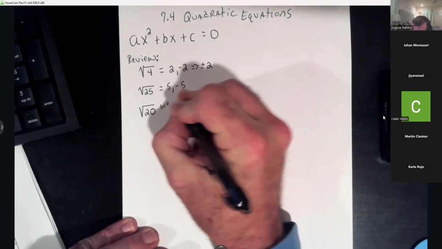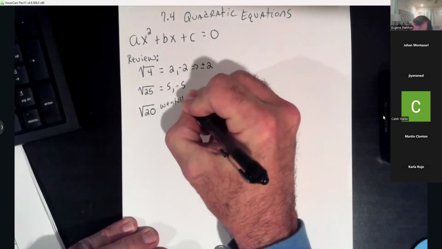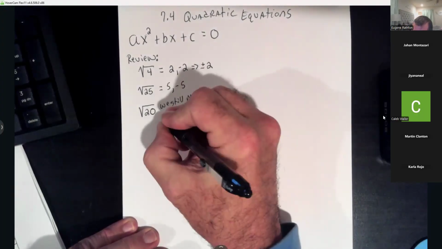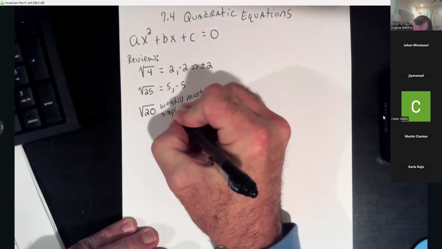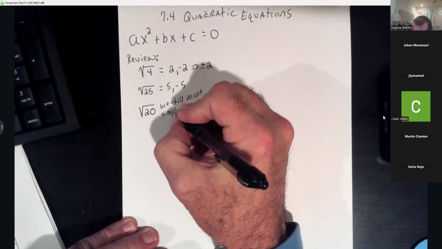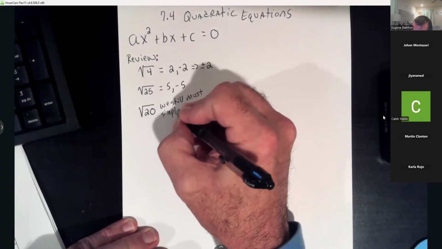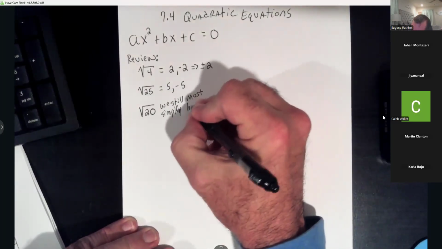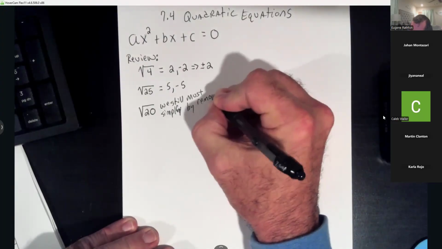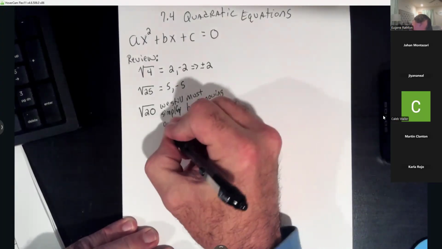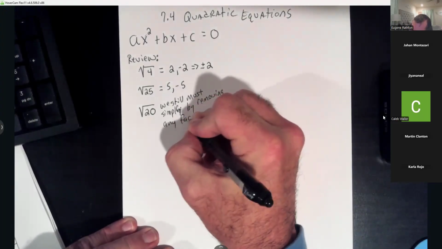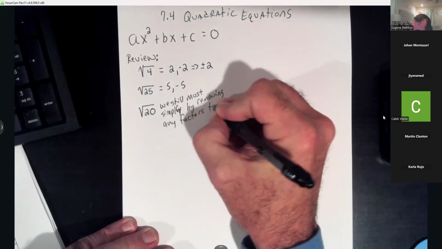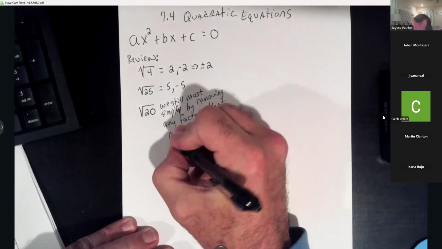So we still must simplify. We got to simplify it by removing any factors that are perfect squares.